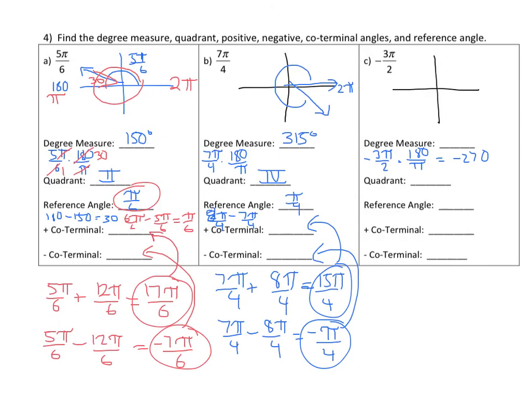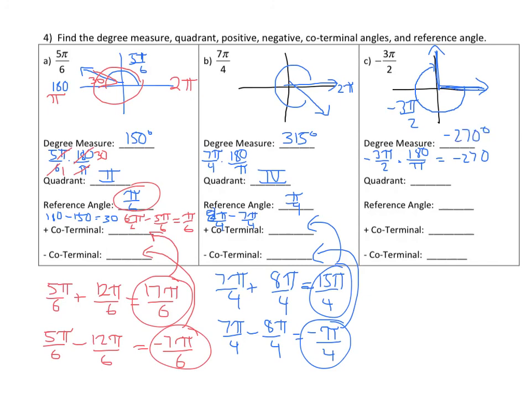Its terminal side is going to be on the y-axis, so the initial side is still on the positive x-axis. Since it's a negative angle, we swing down in the clockwise direction, and that brings us to right here. So that's negative 3 pi over 2. Its degree measure, negative 270.